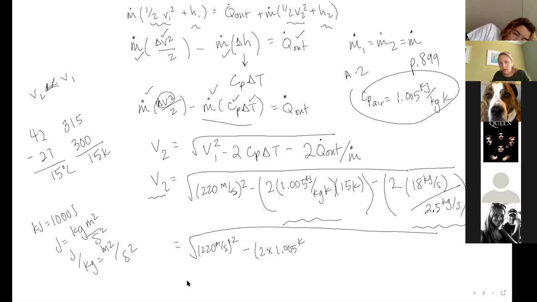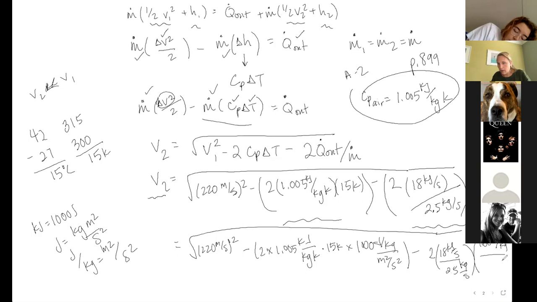kilojoules. Golly, I can't write anything right now. Kilojoules per kilogram Kelvin times 15 Kelvin times 1,000 joules per kilogram per meter squared per second squared, minus 2 times 18 kilojoules per second divided by 2.5 kilograms per second times 1000 joules per kilogram, meter squared per second squared.